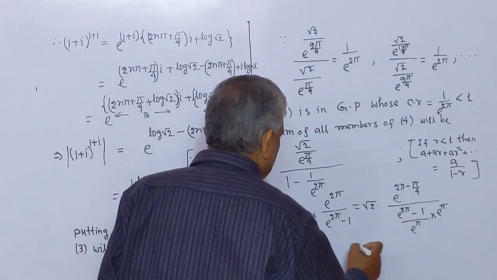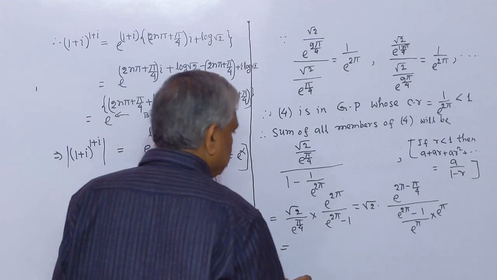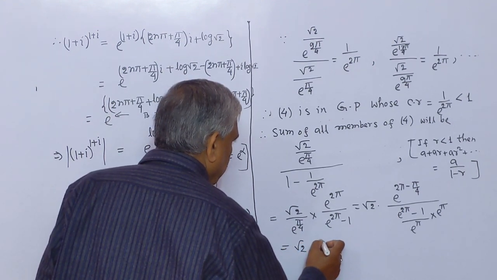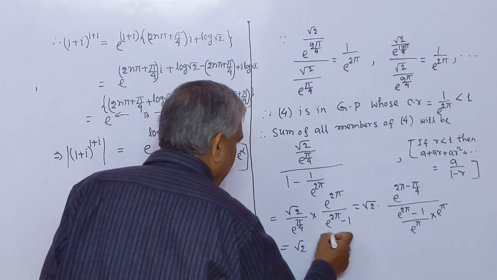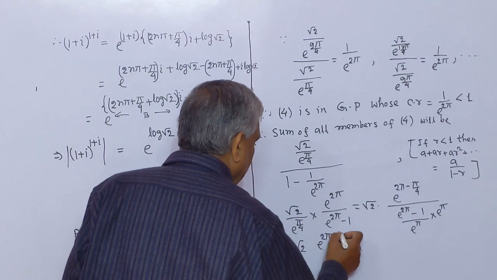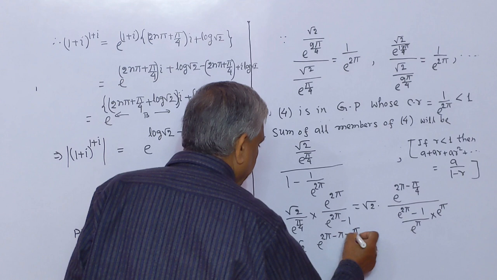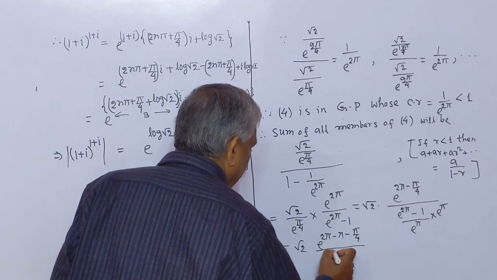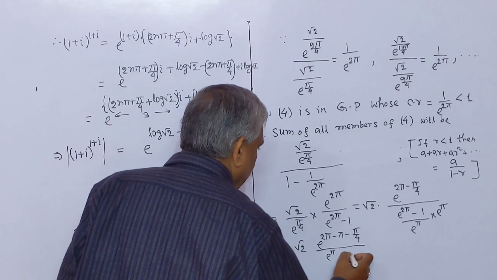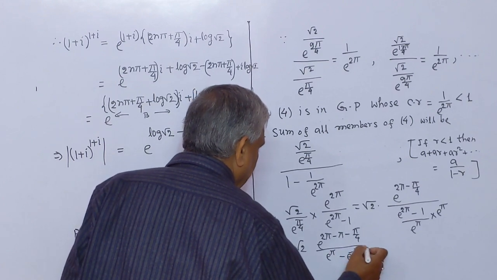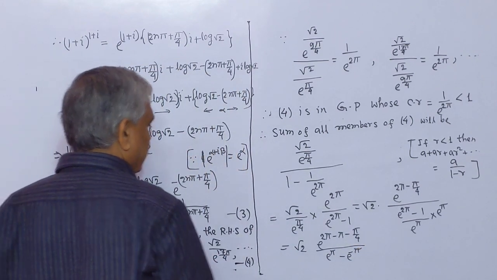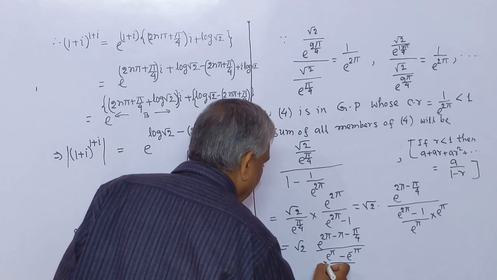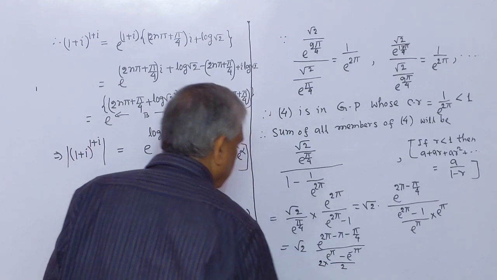So this will be equal to √2 e^(2π − π/4) by e^π − e^(−π). Let us divide this by 2 and multiply this by 2.